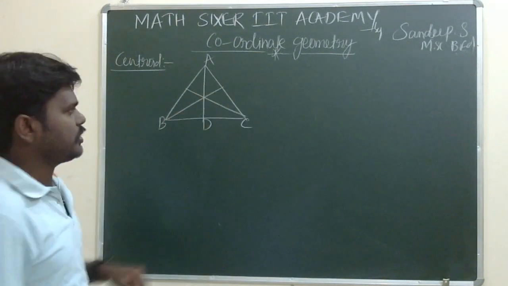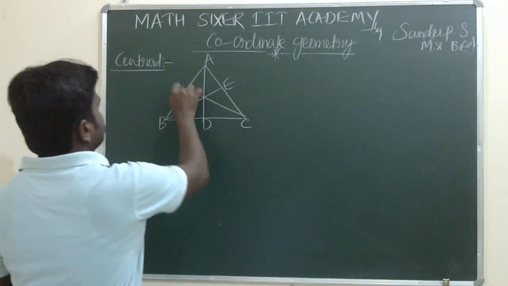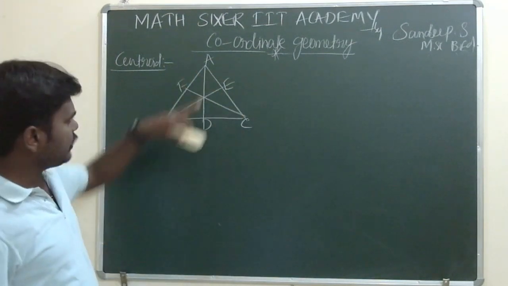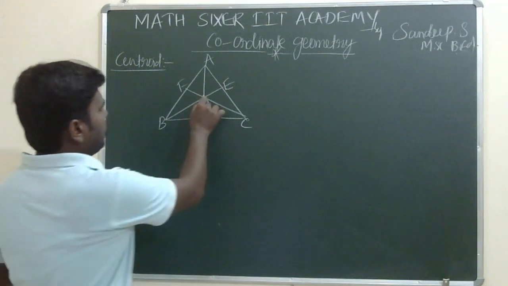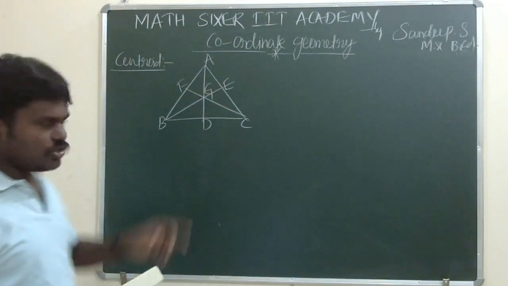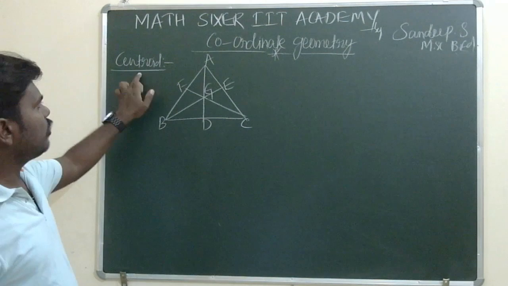So like this we can draw three medians in a triangle, and these three medians will intersect at one point. Let these be E and F, and these three medians are intersecting at one point, and that point you can take as G, and this is called the centroid.